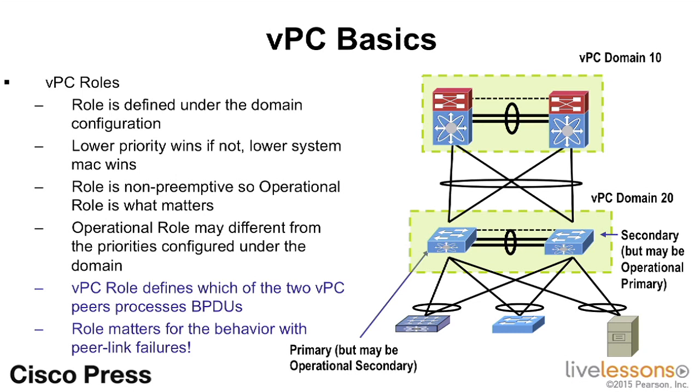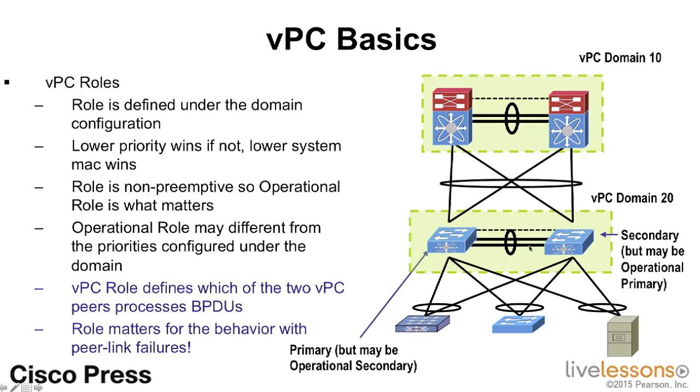The other thing that's very important to know is that the role of VPC, who is the primary and who is the secondary, is very important when it comes to VPC failures. In the example here, if we had a peer link failure down here, I have a primary switch and a secondary switch.